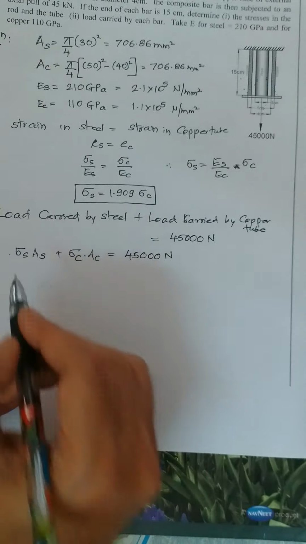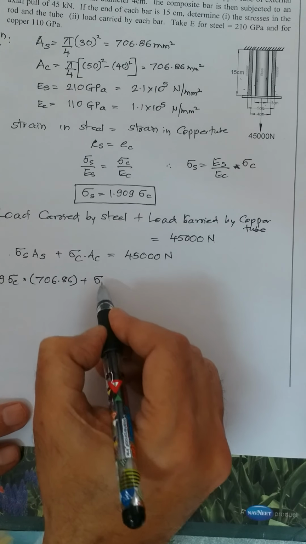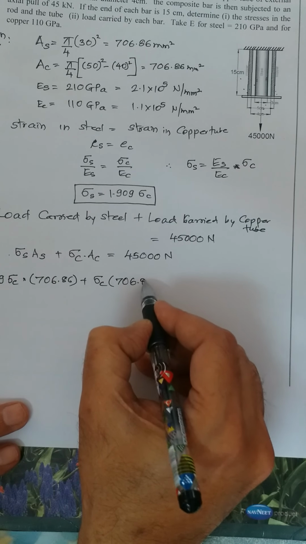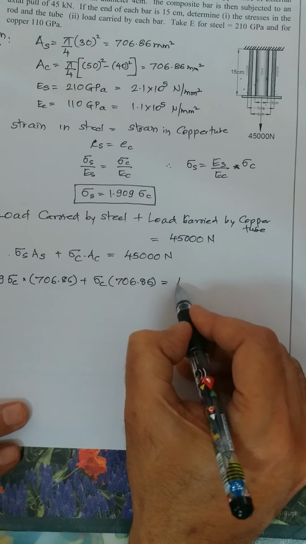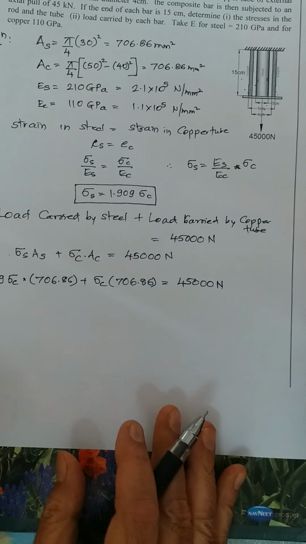So sigma s is 1.909 times sigma c, into area of steel rod, 706.86, plus sigma c as it is, into area of copper tube, again 706.86, that is equal to 45,000 newtons.